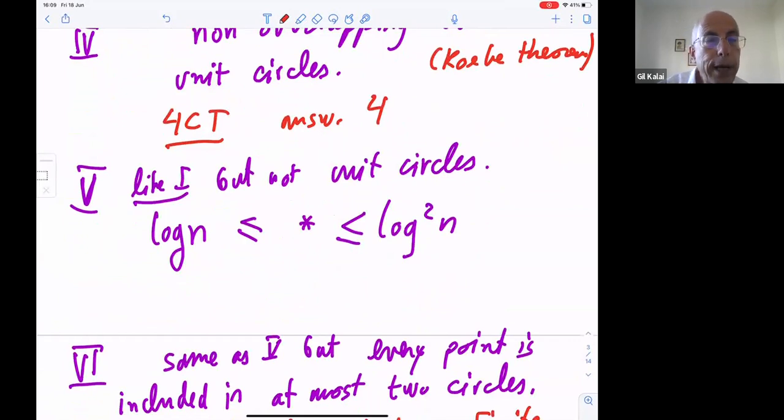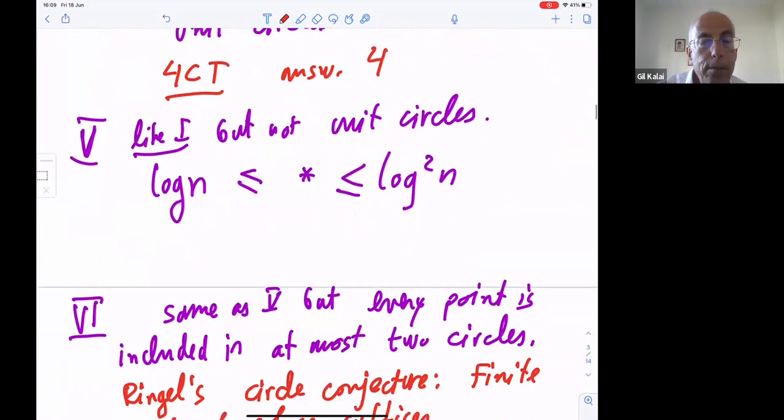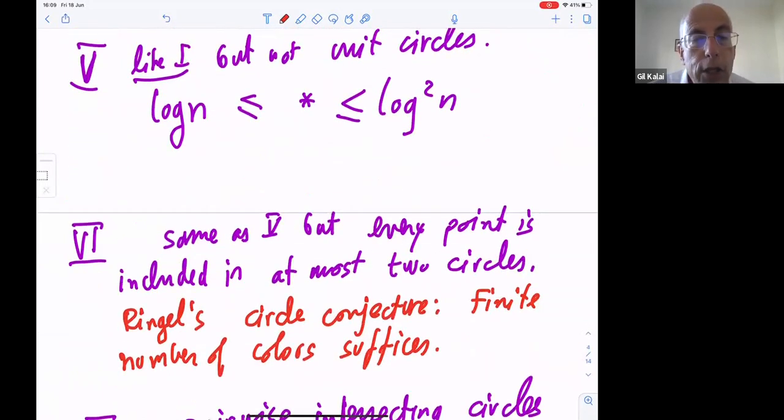But now we can ask the same question and add one more condition. The condition is that every point is included in at most two circles. So again, we have a collection of circles in the plane.